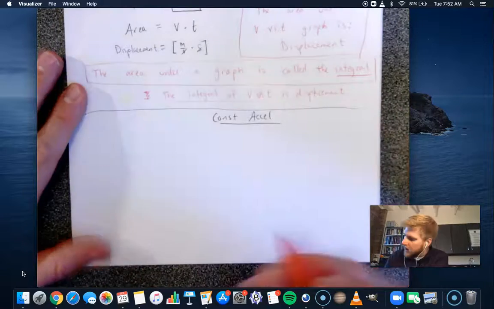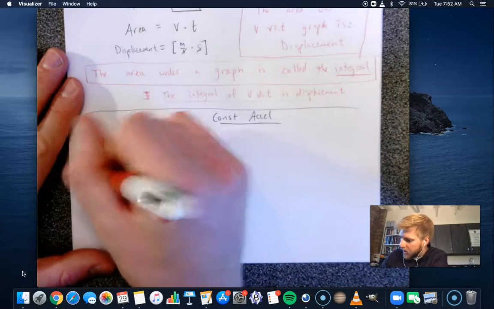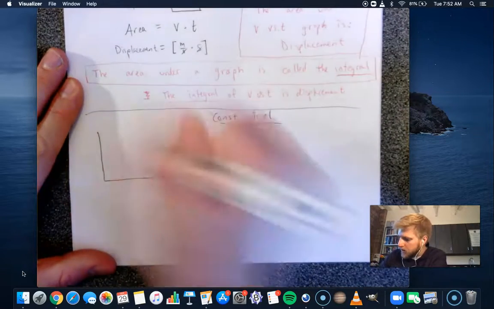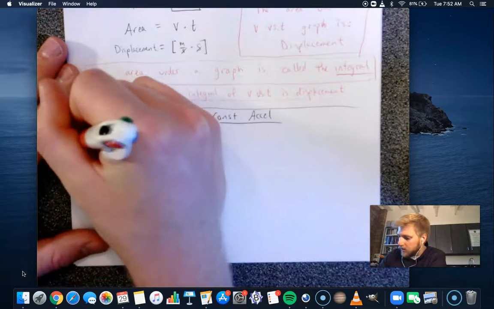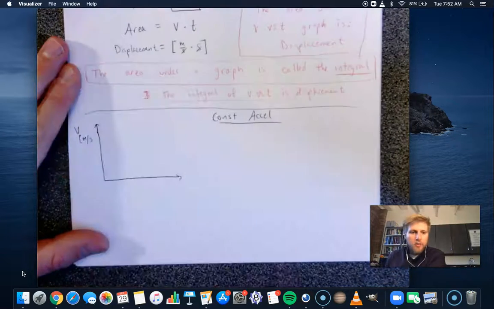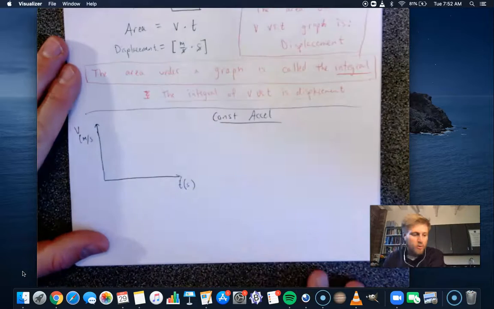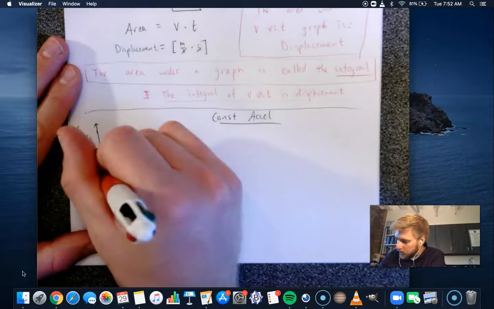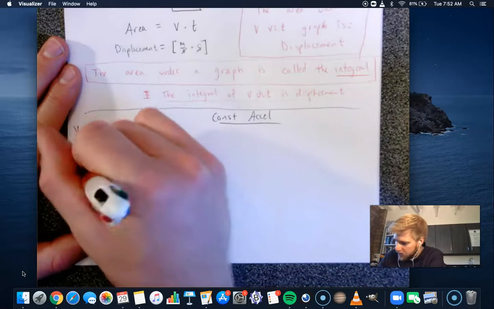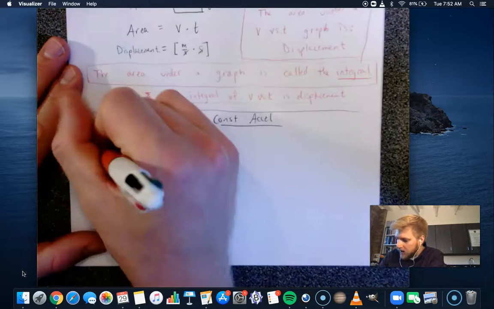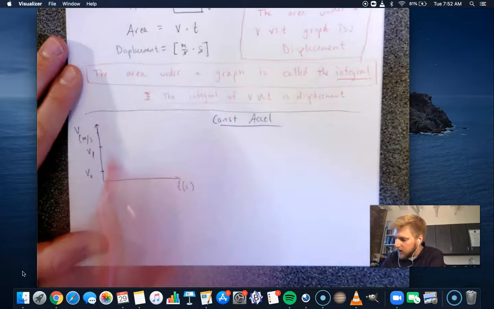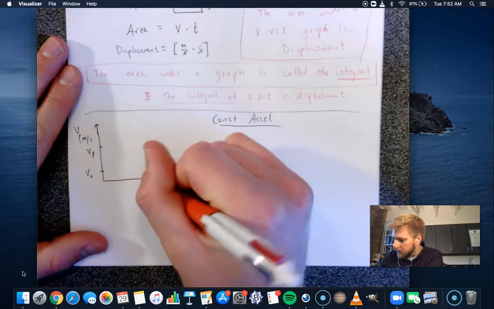We'll draw ourselves a nice velocity versus time graph. And you'll be able to know that it's accelerating because we're going to see the speed change with time. So let's say our object starts at some initial velocity, we'll call that v naught, ends at some final velocity, v final, and all of that takes some time, let's call it t.